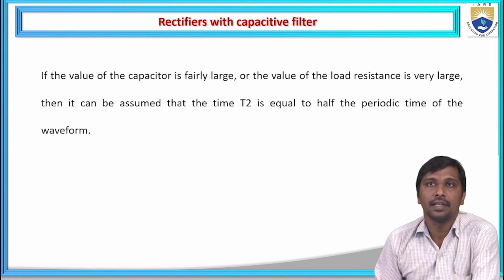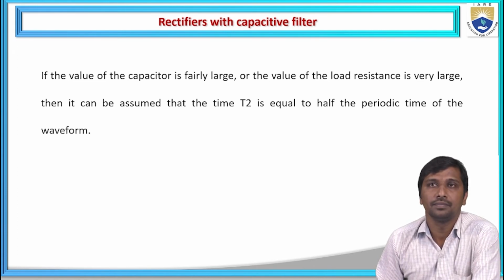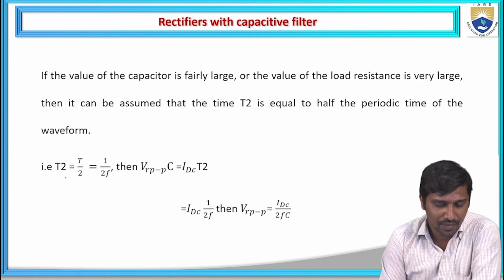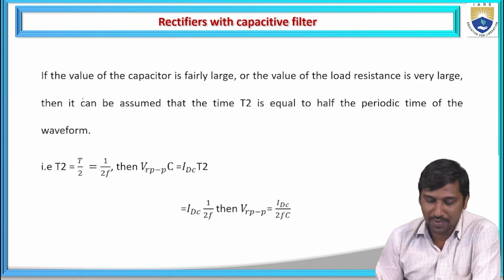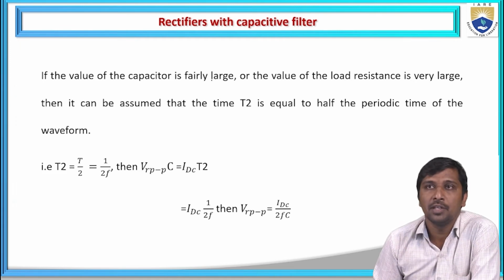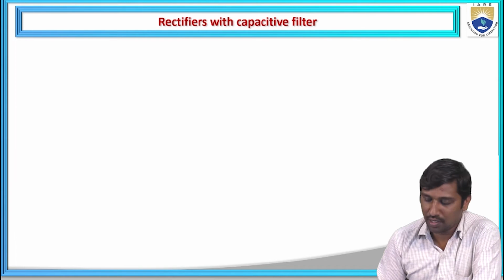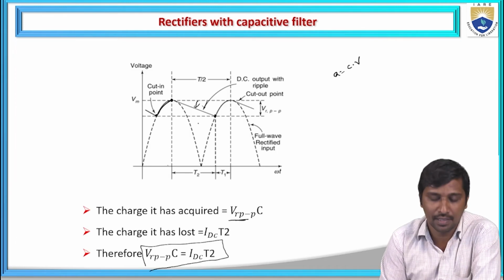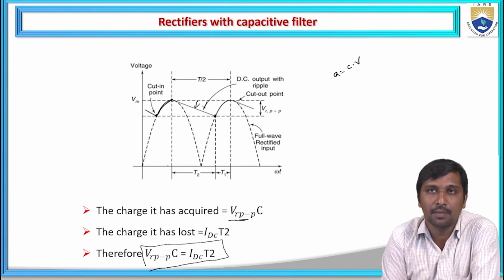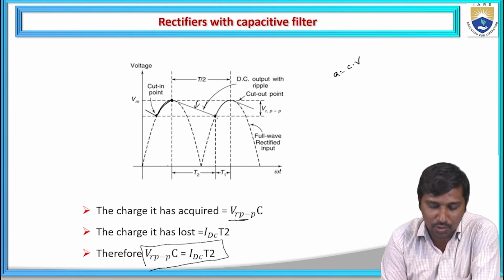Now I'm going to calculate. If you observe this graphical representation, the capacitor is slowly discharging towards the minimum voltage.